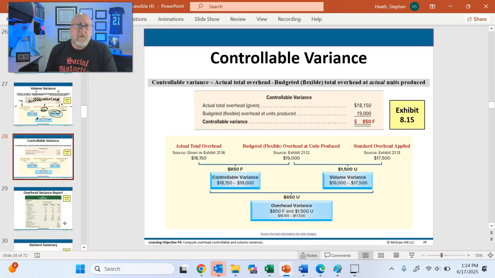This slide is actually okay. So this slide is giving us this calculation. I like that. But the previous slide got the box wrong. This should be 650 unfavorable.